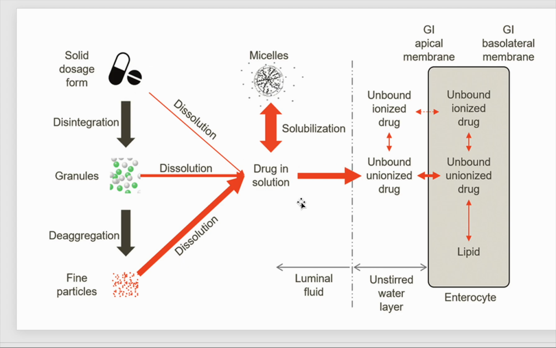Once it becomes a solution, it can form micelles, like fat soluble micelles. You might have read this concept in solution phase, or surface interaction. I'm not going into details for these micelles, but it is more or less to make it more lipophilic. And now the drug is in solution in the luminal fluid. Once it crosses that, it can be ionized or unionized.